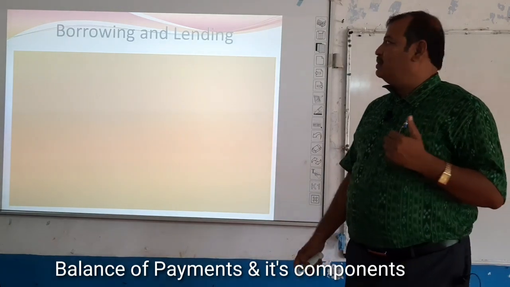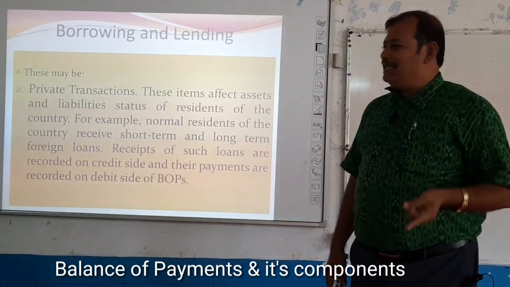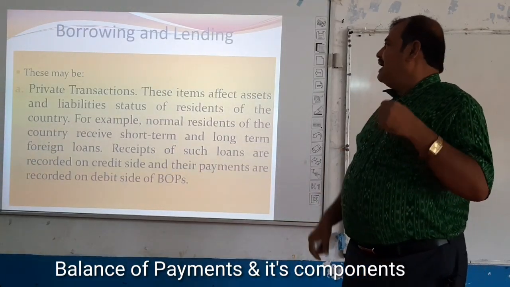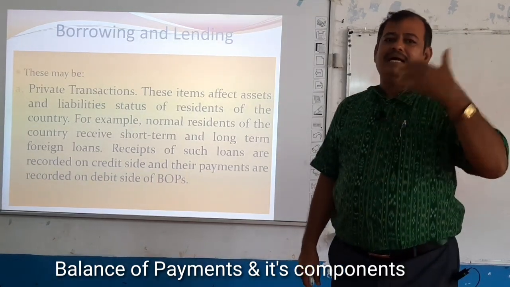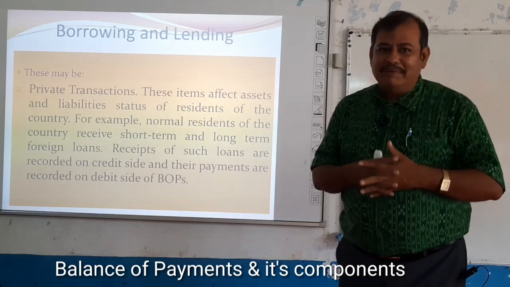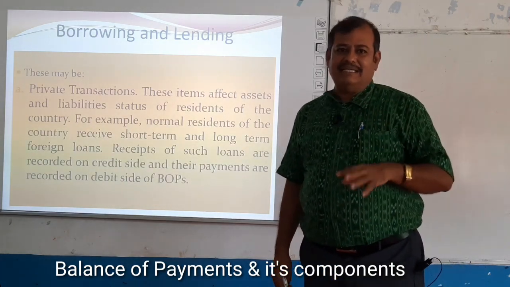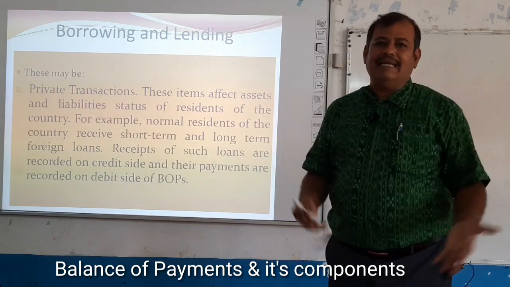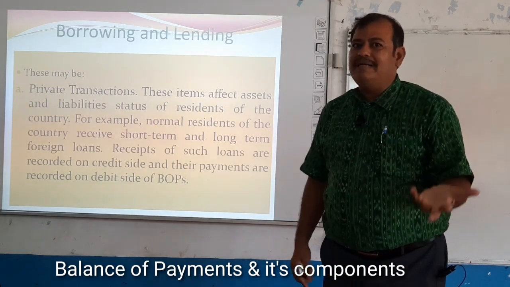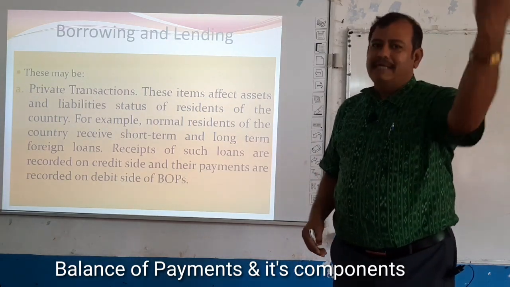Now if you look at borrowings and lendings as assets, first are private transactions, which are the items that affect the liabilities and assets of private individuals, that is, private individuals who buy financial assets, shares, debentures, land and other such immovable assets in the rest of the world, for which they have to make the payment to the rest of the world.